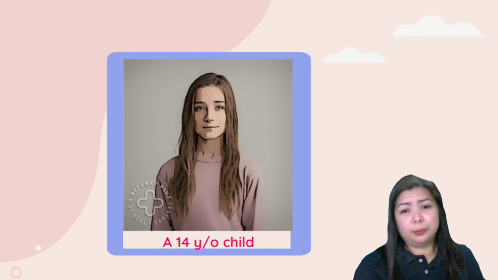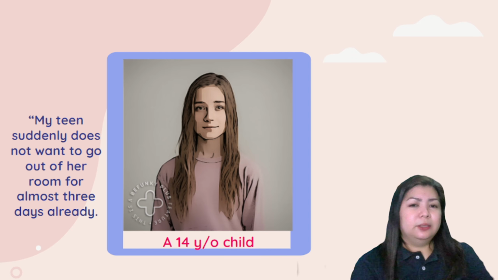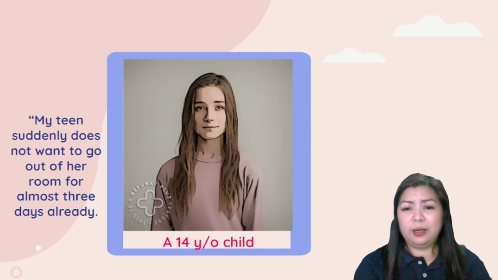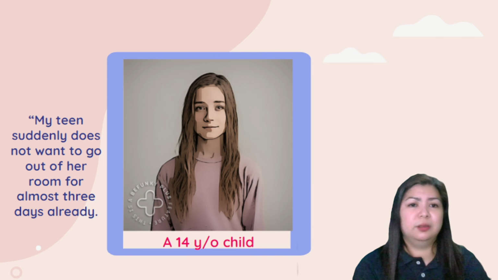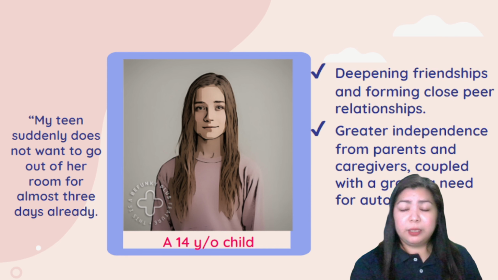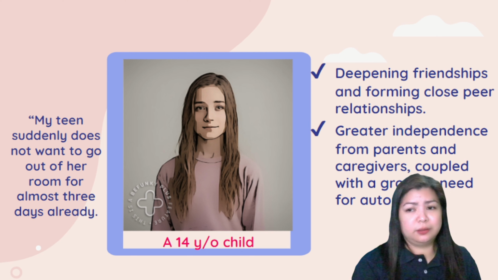Another example, say a 14-year-old child or maybe a 14-year-old teenager. Okay? So the parent complains, my teen suddenly doesn't want to go out of her room for almost 3 days already. Okay? So what's normal among teenagers?